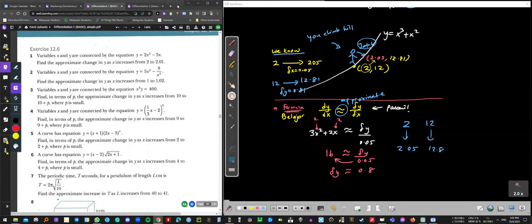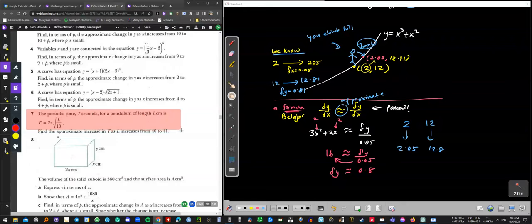Soalan mana nak buat? Dina, nak buat soalan mana? 7. Okay.